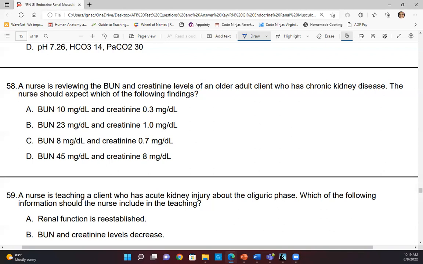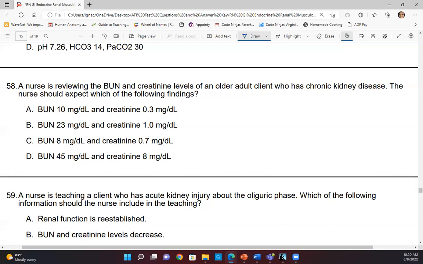So I don't think so, right? I'm going to cross A out for that reason. So B, the BUN is 23. That's a little elevated, right? Because normal is 10 to 20, and the creatinine is 1.0. So the creatinine is actually normal. So I don't know if I love that answer.